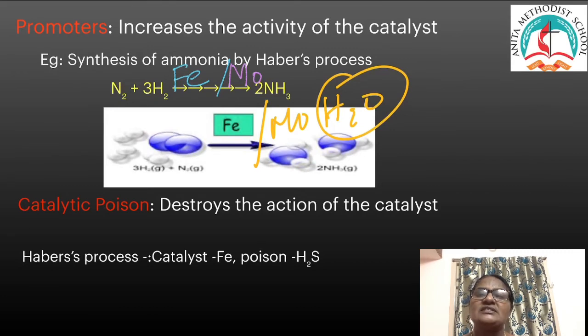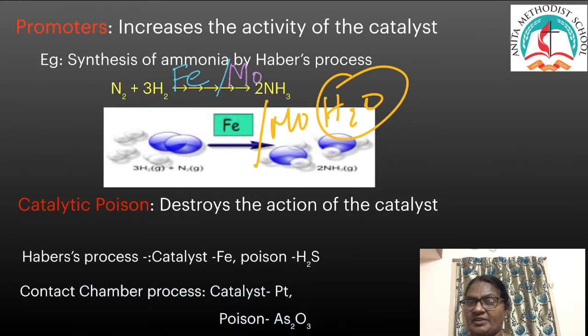So hydrogen sulfide is a poison for iron in the Haber's process. Similarly, in the contact chamber process, when sulfur dioxide combines with oxygen to give sulfur trioxide, if I have traces of arsenic oxide, platinum does not function as an effective catalyst. So we can say arsenic oxide acts as a poison for platinum. That is why we don't use platinum nowadays, but instead vanadium pentoxide is used as an effective catalyst in the contact chamber process.